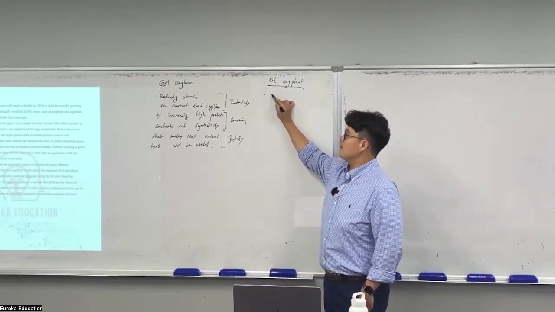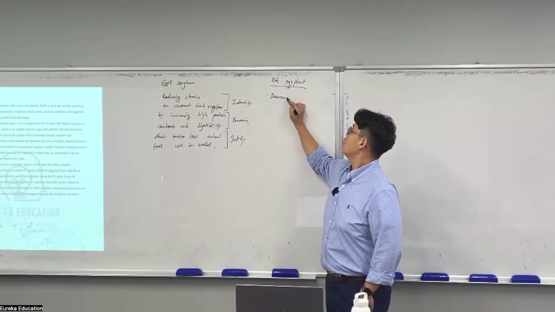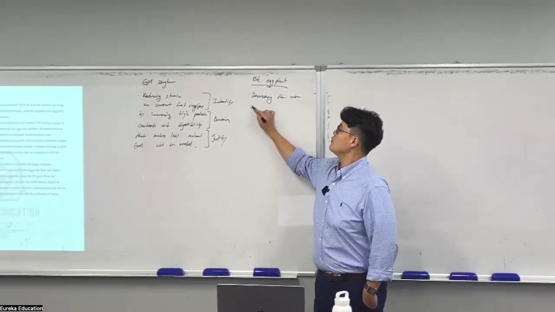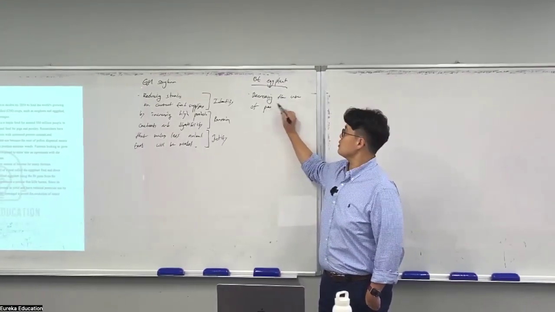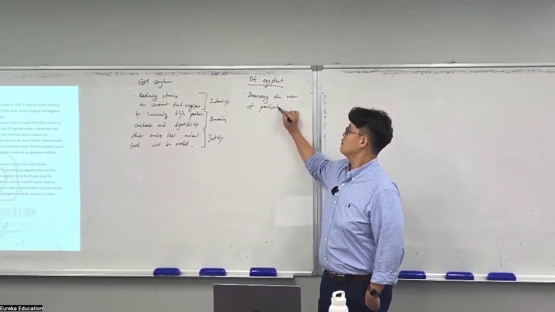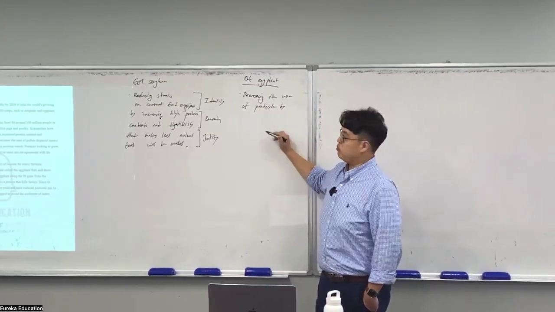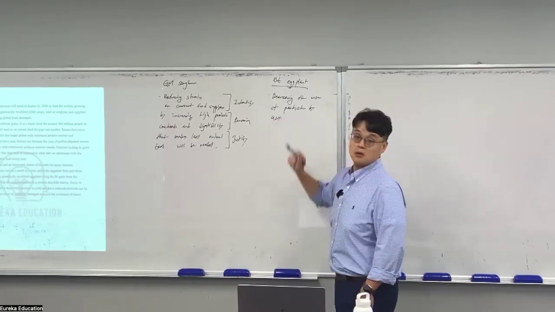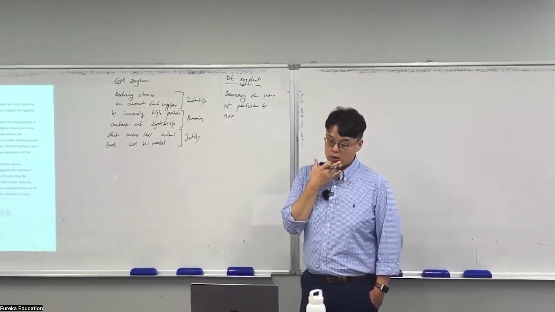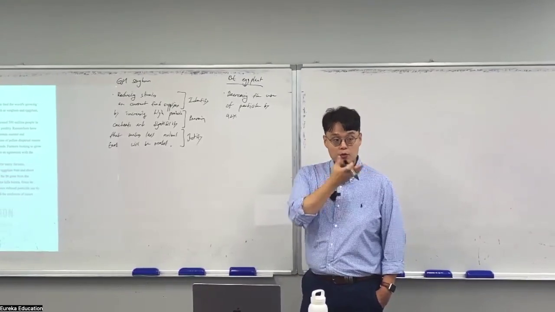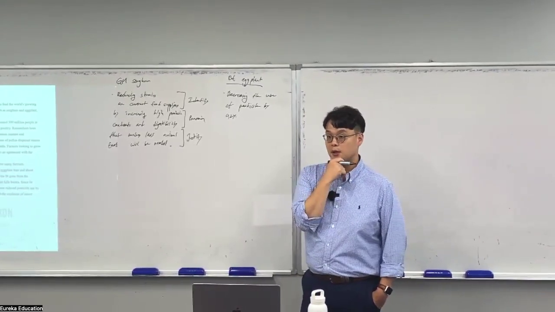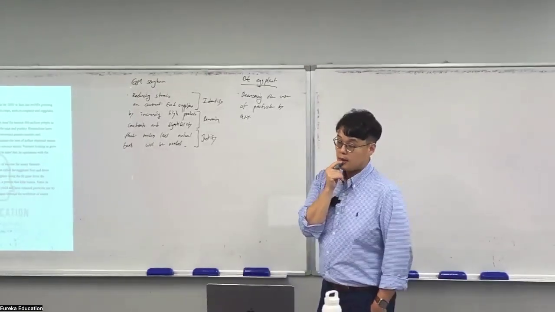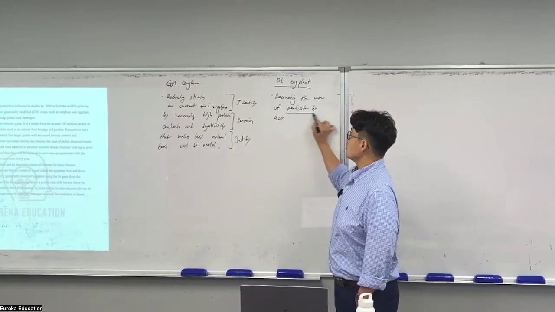It's not just increasing, it's decreasing the use of pesticide by as much as 92%. Now, why is it so important? How will it benefit society? I mean, why is it important not to use pesticides, guys?